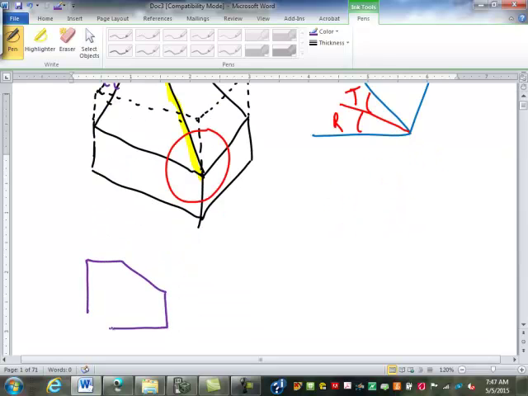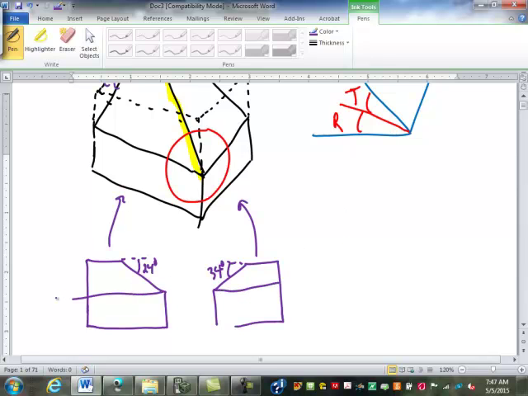This is the 24-degree angle. That's looking at from this side. This is looking at from this side, where this is the 34-degree angle. And of course, technically, it's going to look something like this.